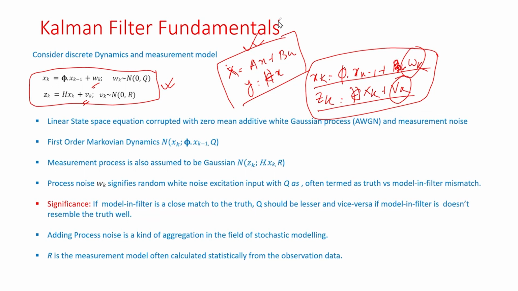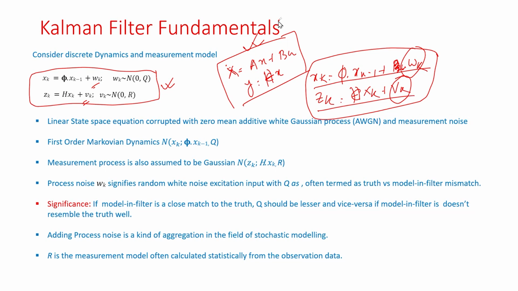I have to do it by putting some white Gaussian noise. That means I am ignorant about the real world process. Some element of my x could be unknown, or some element of my phi could be unknown, or my control input itself could be unknown. To compensate for my ignorance, I will put some white Gaussian noise, or random excitation, in an additive way.